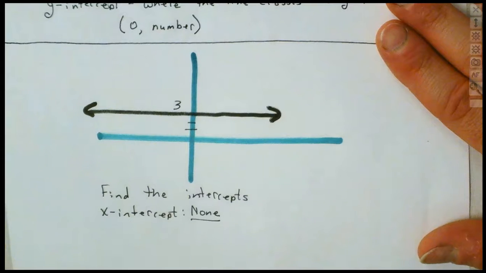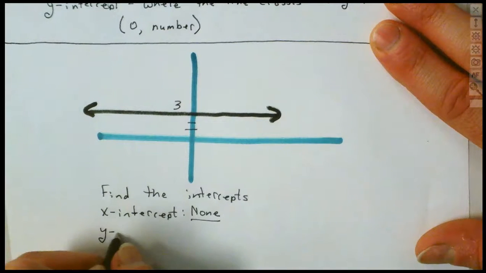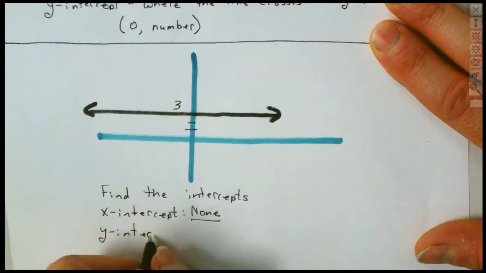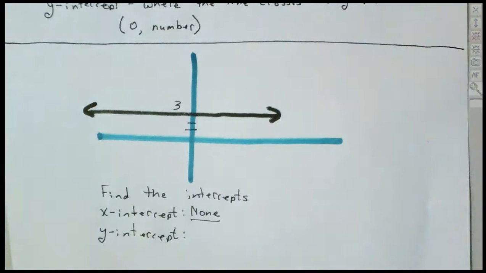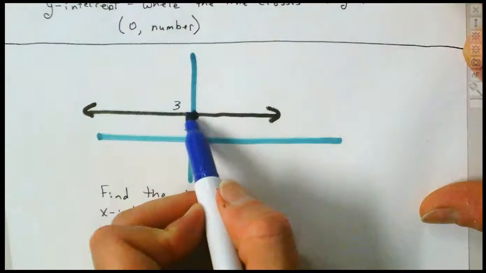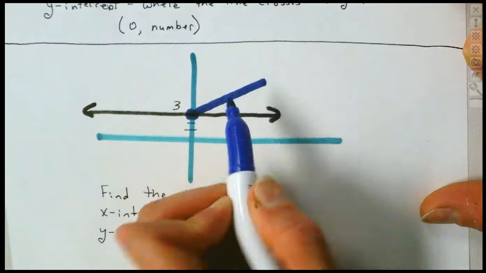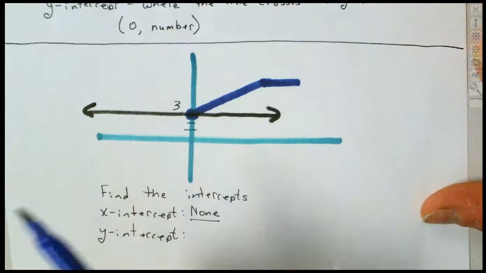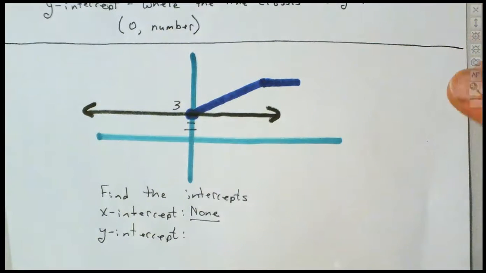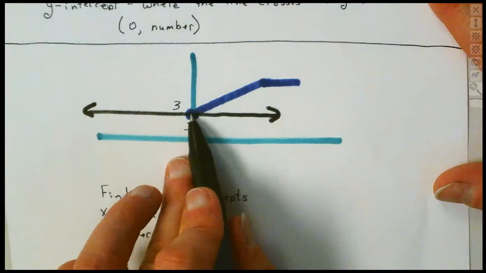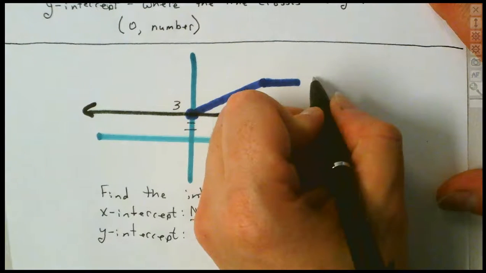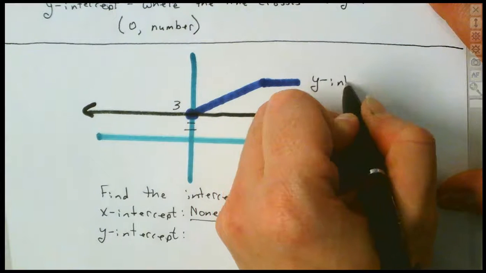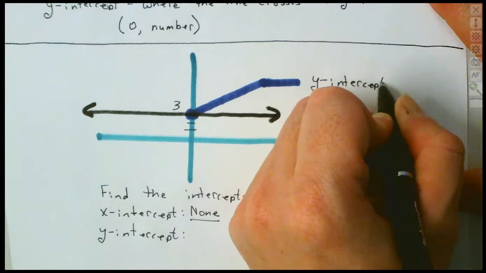No x-intercept. What about the y-intercept? Well, the y-intercept, we have one. And our y-intercept is right here. That's where it crosses the y-axis. So this would be our y-intercept, because that black line crosses the green y-axis here. And what would it be as an ordered pair?